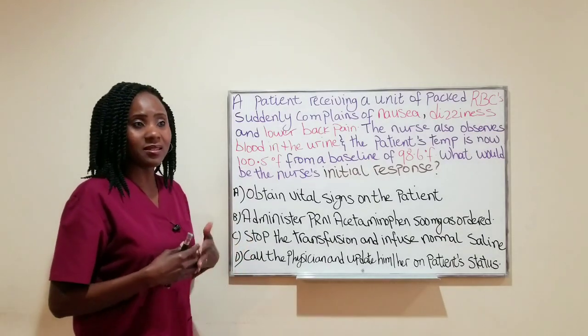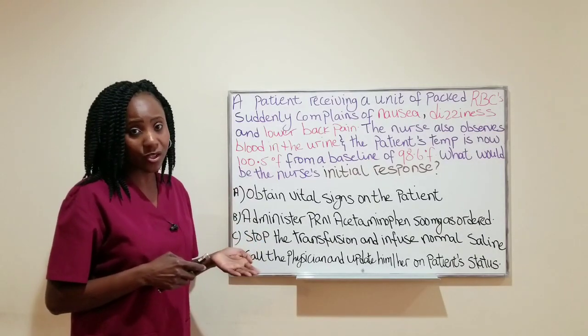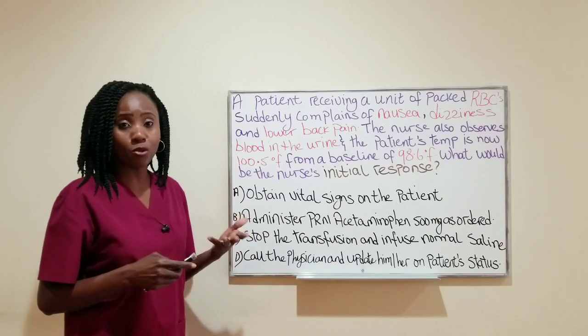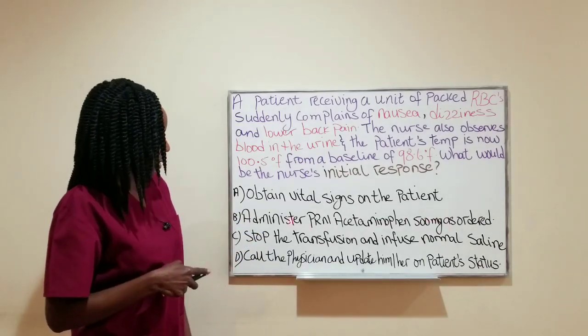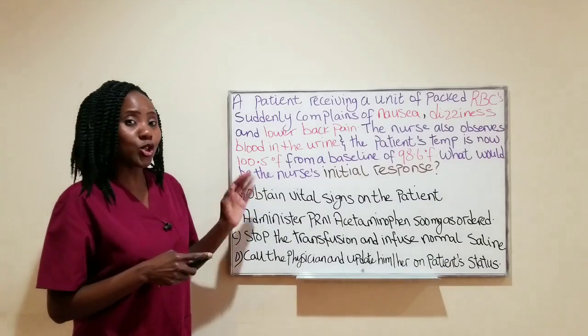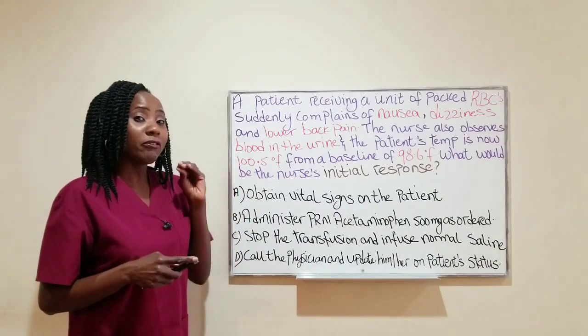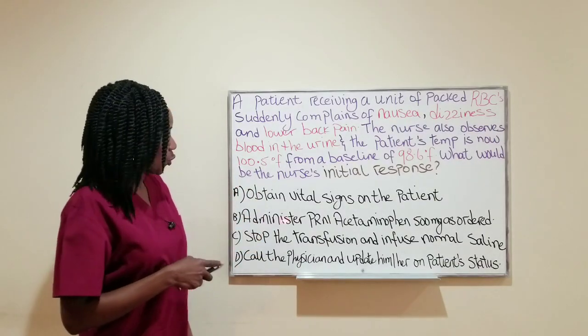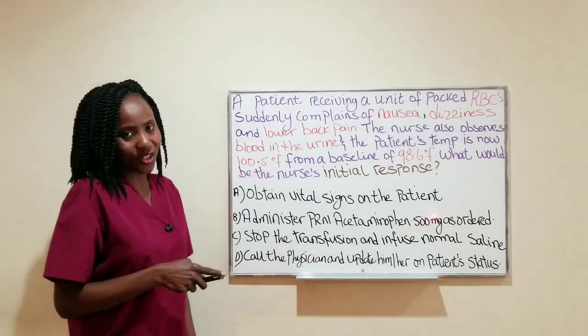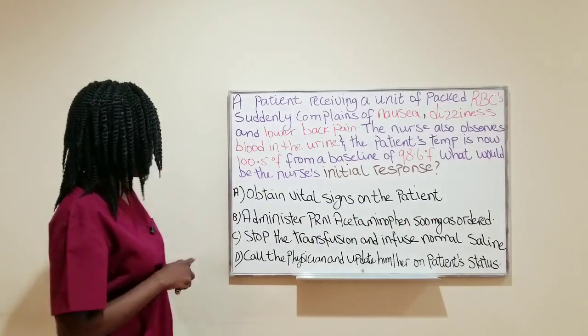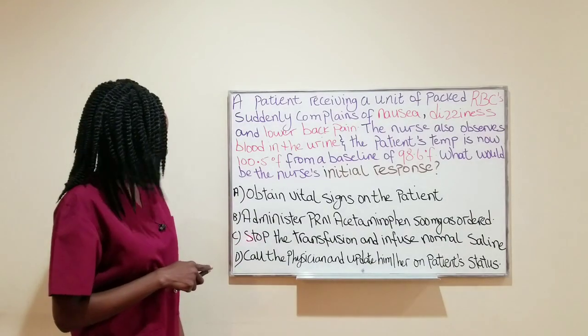When a patient has febrile reactions, it's sometimes given to control the fever. However, if the patient is having an acute problem, would your first reaction be to administer medication? I don't think so. Let's go on again.